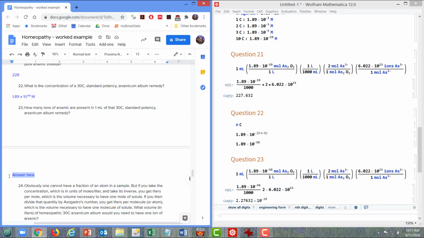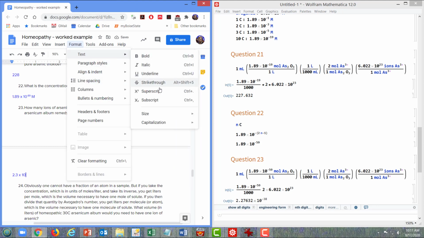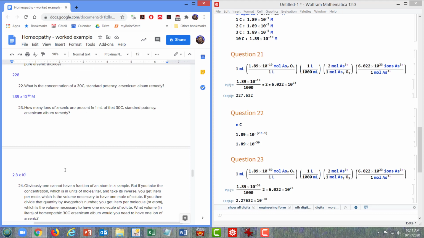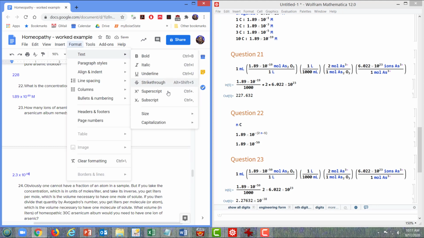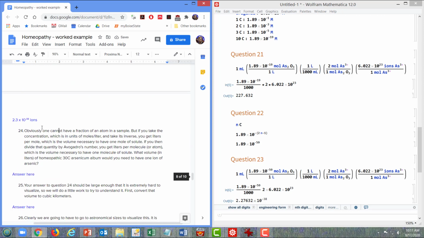of 2.3 times 10 to the negative 38 ions. Now, we can't have a fraction of an ion.